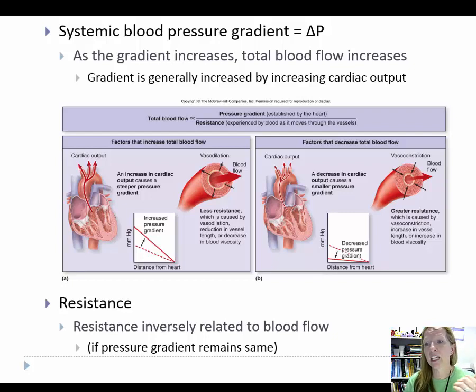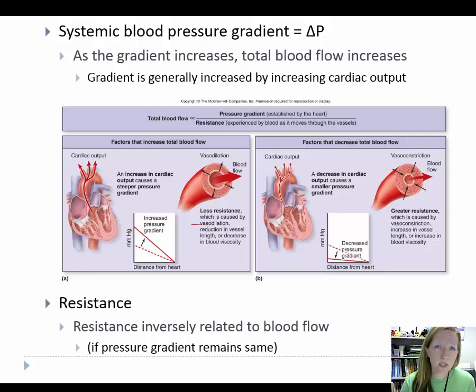But if you need to increase blood flow, then the body can go in and cause vasodilation. Got to make sure that there's not too many blood vessels as far as length, and of course that the viscosity is normal. So this isn't a perfect world, and those are factors that can help increase total blood flow. Let's see some factors that decrease blood flow.